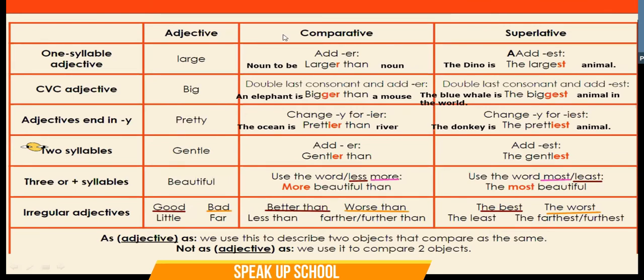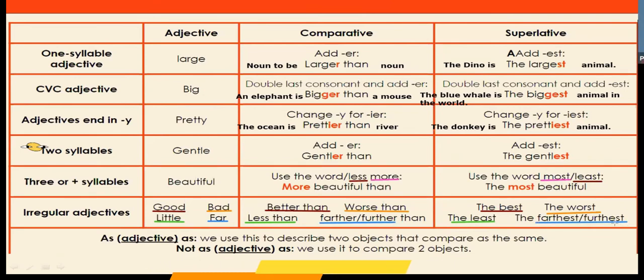The comparative form of little is less, and the superlative is least. And the comparative form of far is farther or further, and the superlative is farthest or furthest. Okay?